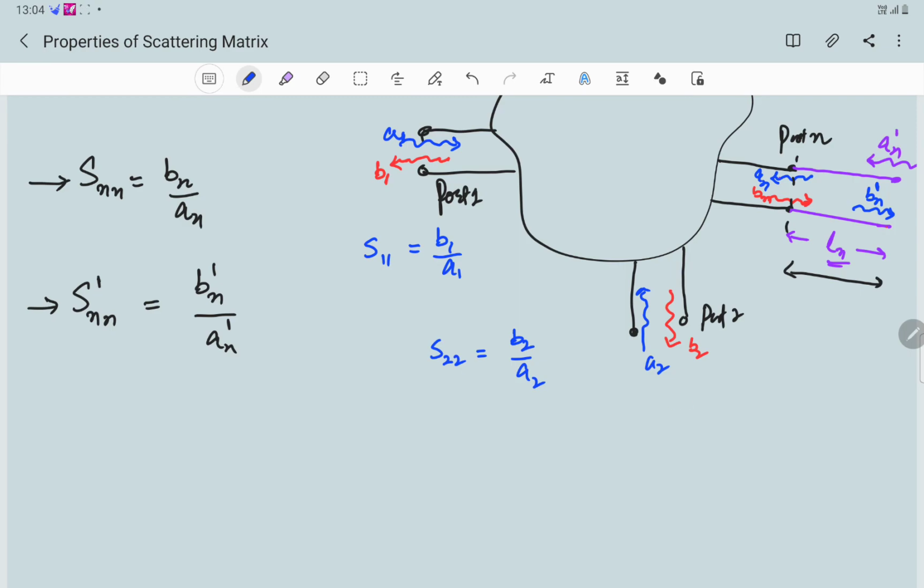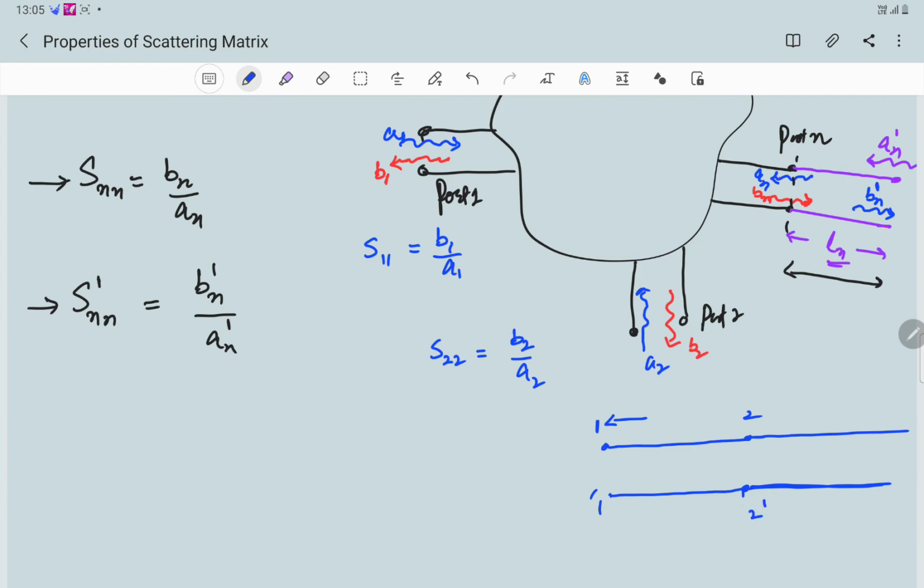Say for example, I have a transmission line. From our transmission line theory, if I have a lossless transmission line of length Ln, with point 1 and point 2 on it, 1 1 dash and 2 2 dash.